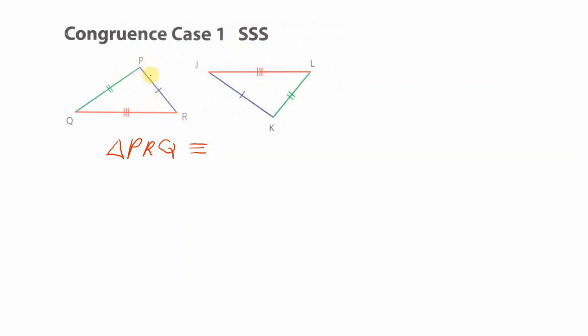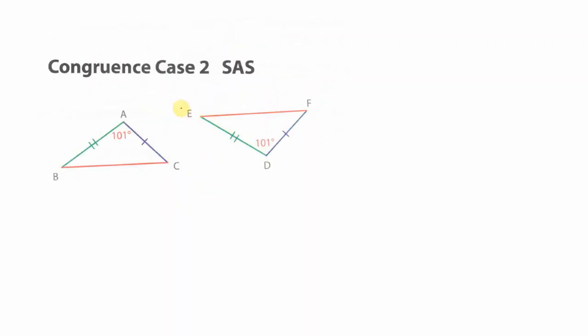So we need to go from PR to the one where the three stripes are. So we will have to go therefore from KJ, because that's one stripe. So KJ will match PR, and then we go to the three stripes. So that would be KJL.